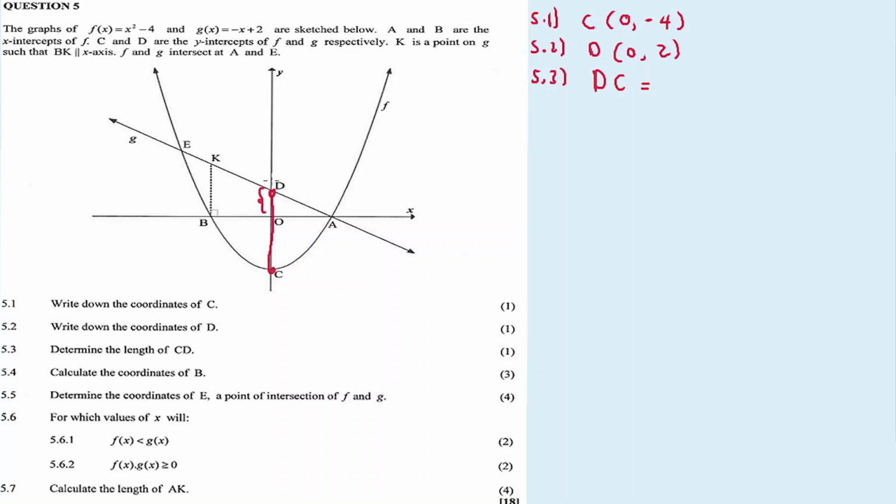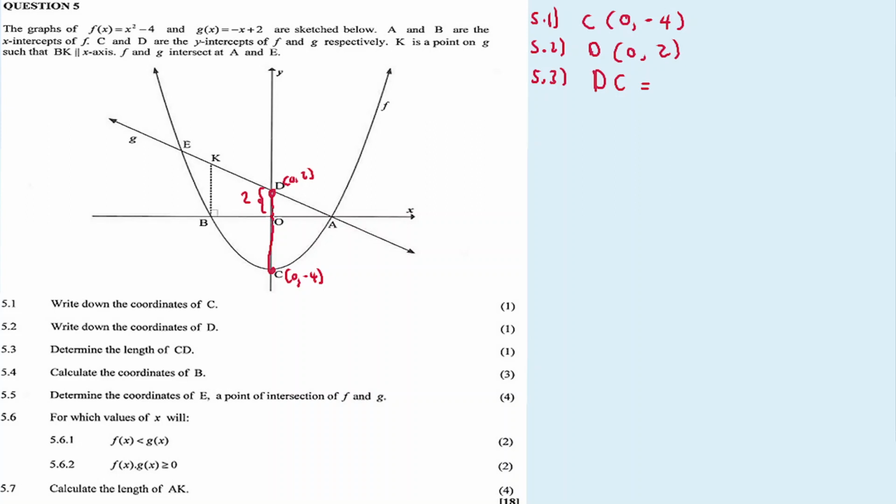We have the y-intercept for g, which is point D, (0; 2). It simply means that the distance from the origin to D is 2. And the coordinates of C are (0; -4).